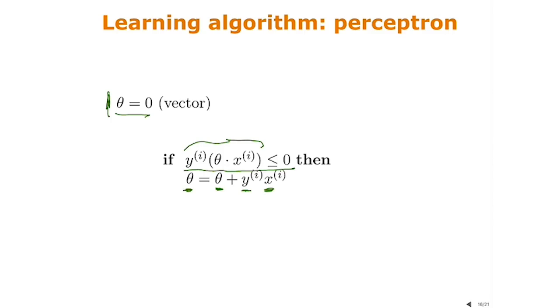Okay, so let's look at whether an example that is misclassified, on the basis of which we perform the update, would be misclassified if reintroduced as an example at the next step.